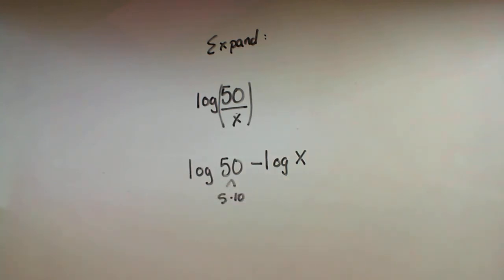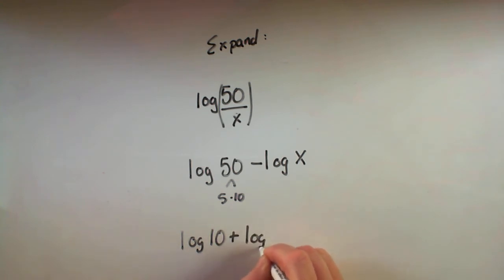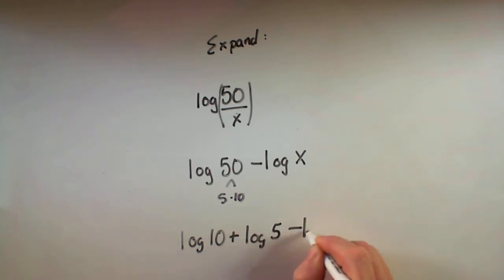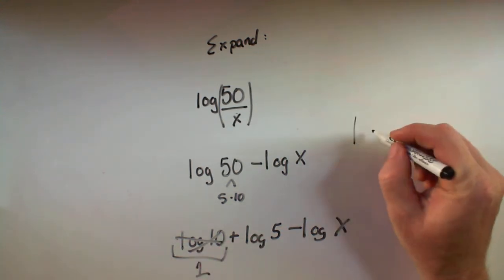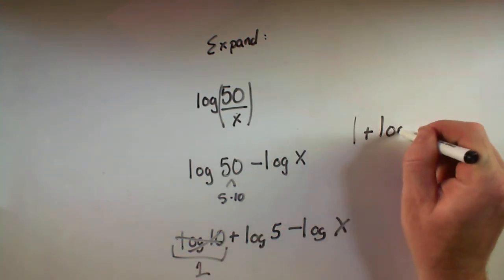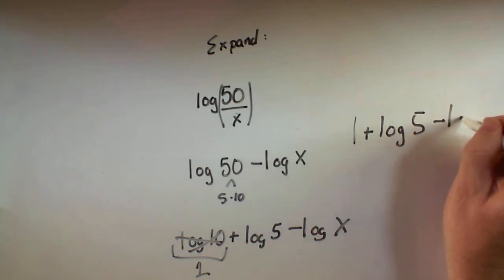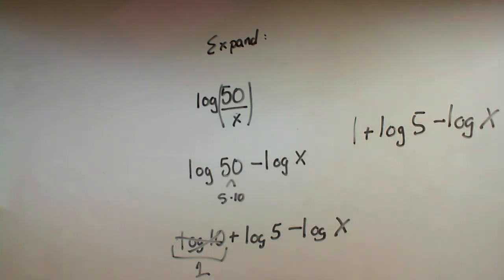Now, the reason I would want to do that is because this logarithm is base 10. So I can actually take more information out of the logarithm. So I could rewrite this as log 10 plus log 5 minus log x. And log 10 is just plain 1. So my final answer should be 1 plus log 5 minus log x.